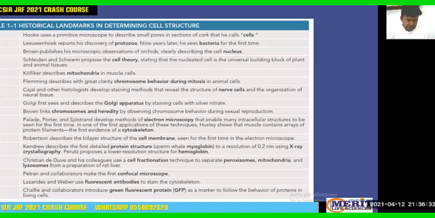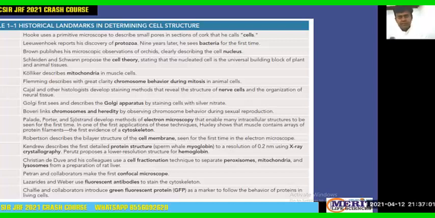Robertson cell membrane, Kendrew protein structure and X-ray crystal structure of myoglobin, right, and then hemoglobin. And Christian de Duve on cell fractionation for separation of peroxisomes, mitochondria, lysosomes. Petran and collaborators made the first confocal microscope. Lazarides and Weber used fluorescent antibody to stain the cytoskeleton, and then GFP.